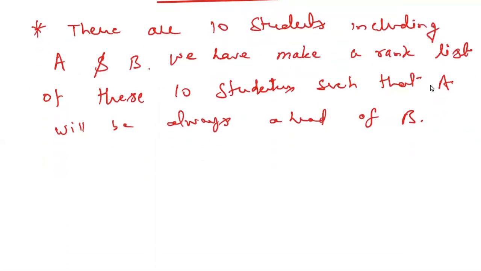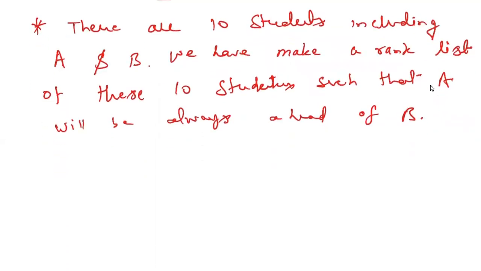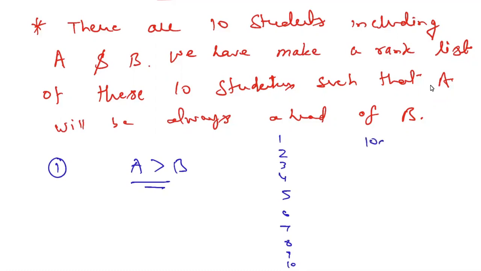Right? The first way we can solve this: A will be ahead of B. The positions are 1, 2, 3, 4, 5, 6, 7, 8, 9, 10. Out of these 10 positions, we are selecting 2 positions.